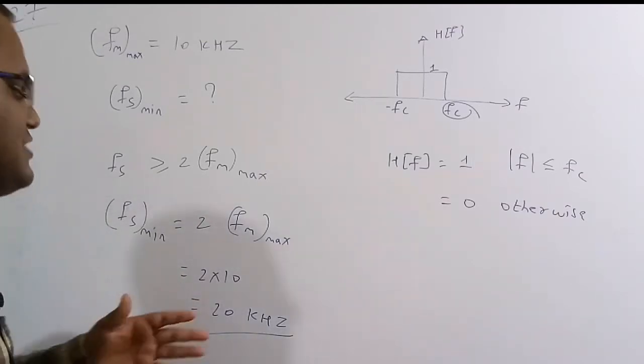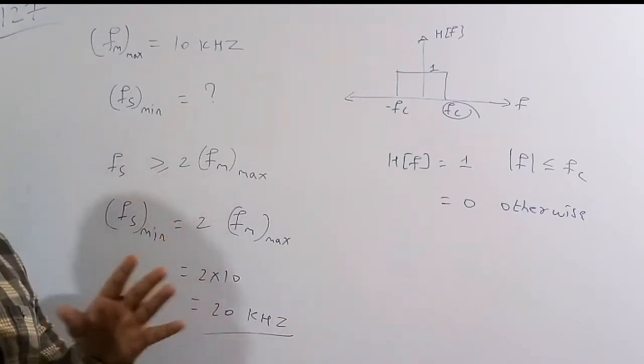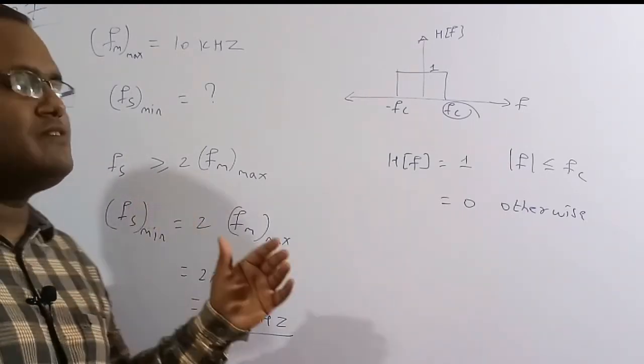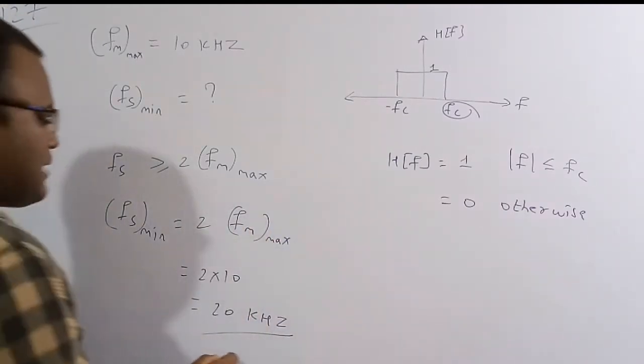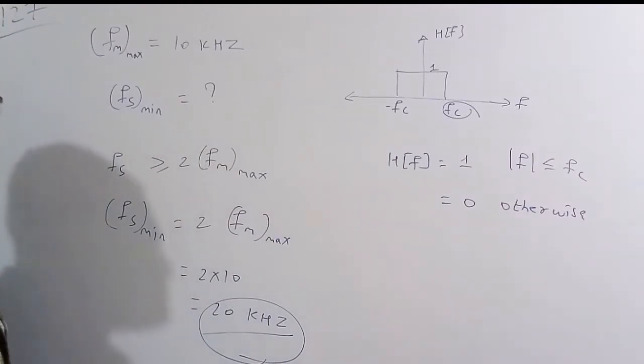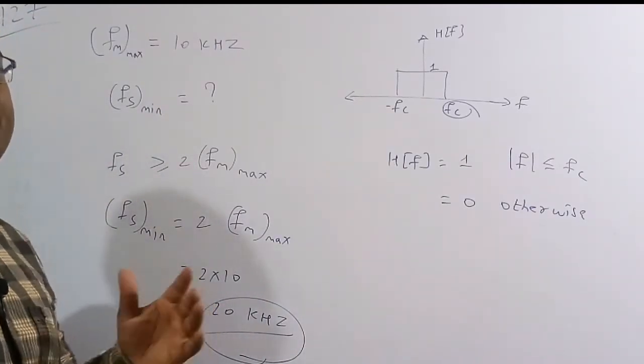So it is a changing of the frequencies. But if you sample at more than this, there will be no aliasing effect, and then by using the low pass filter we can get back the original message signal. So here the minimum sampling frequency is 20 kHz. The minimum sampling frequency is also called the Nyquist frequency or the Nyquist rate.